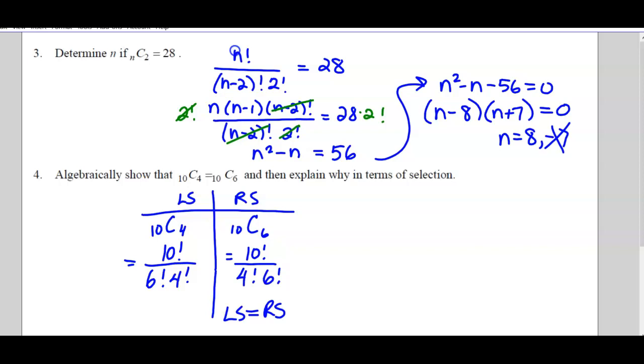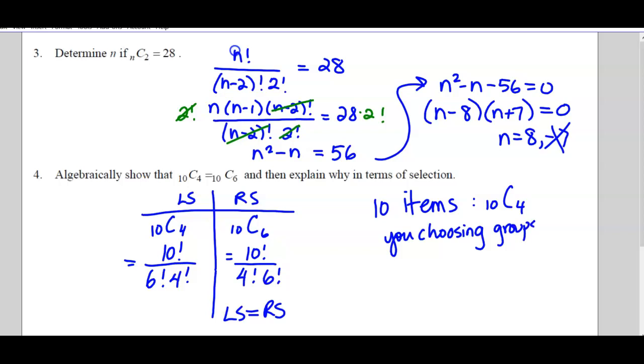Why? Well, if you think about this, you have 10 items. In 10C4, you are choosing groups of 4. Okay, so think about it. If you have a group of 10 and you are choosing a group of 4, how many are left when you take one group out? 6.